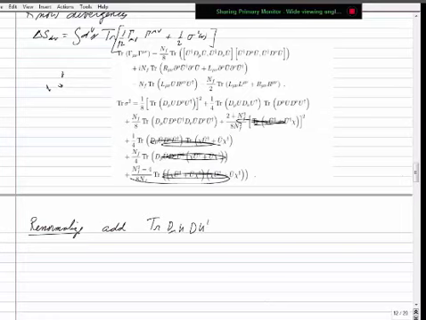So the divergences then are delta S divergent, which is this integral d4x trace.